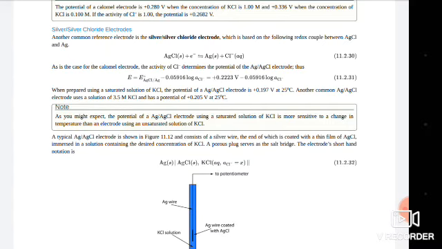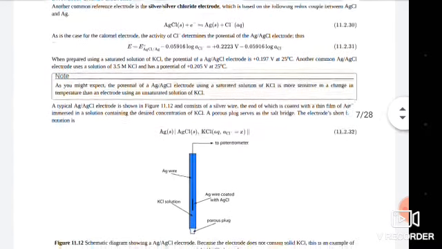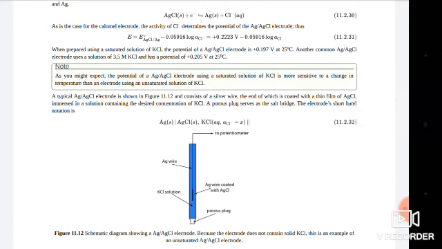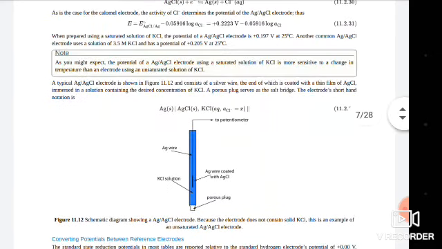A typical AgCl electrode is shown in the figure. It consists of a silver wire, the end of which is coated with a thin film of AgCl and immersed in the solution containing the desired concentration of KCl.